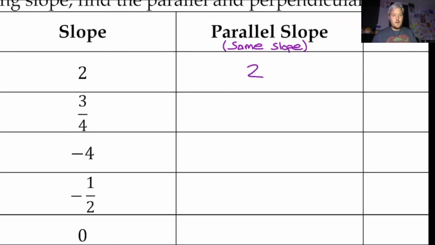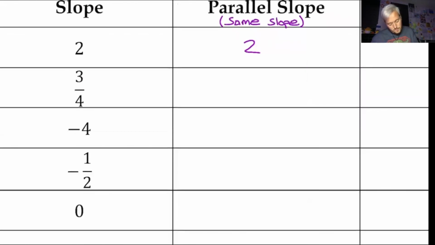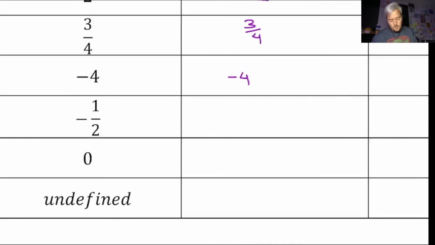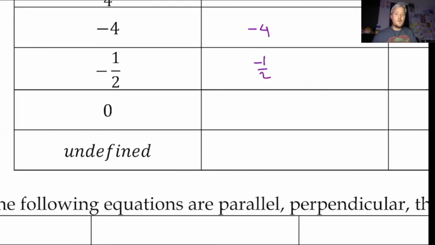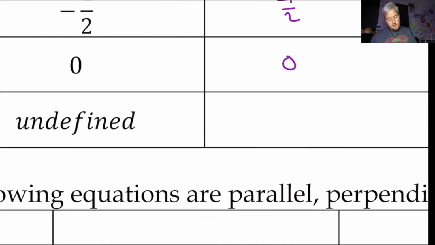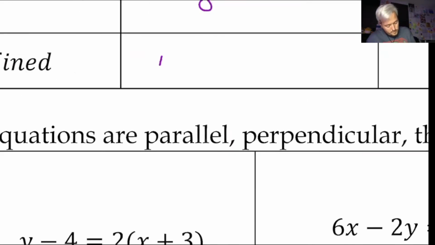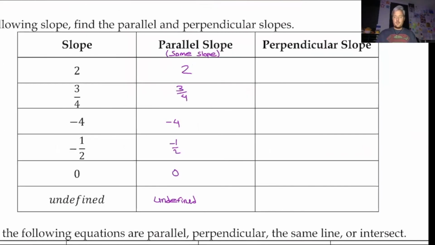If I have a slope of 3/4, parallel slope is 3/4. Parallel to -4 is -4. Parallel to -1/2 is -1/2. Parallel to 0 is 0. Parallel to undefined is undefined. So it's the same exact slope.